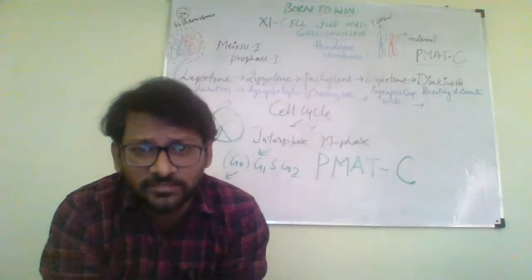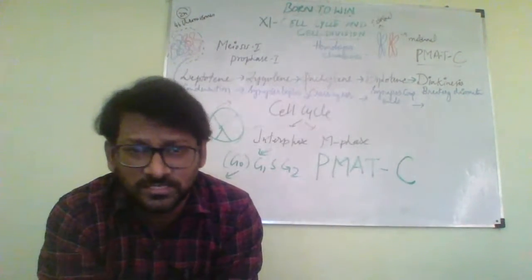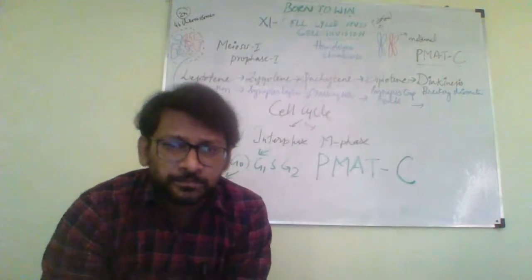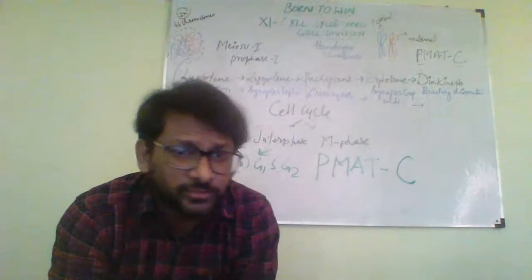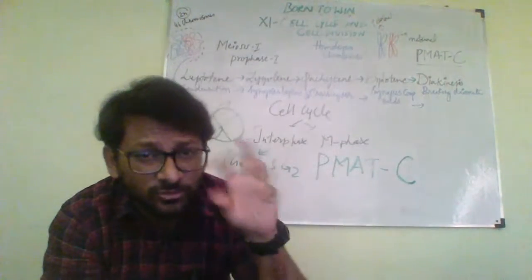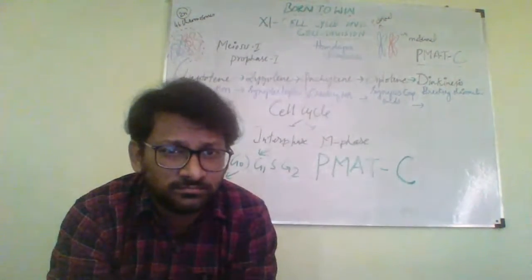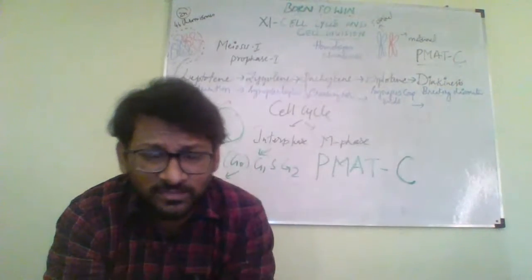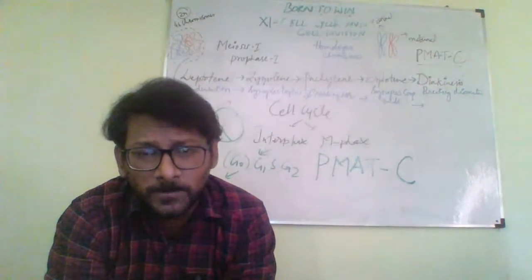Why can't we just leave it like that? Why does the cell have to have control on the cell cycle? If there is no control, what happens? Only today I will not ask more questions.